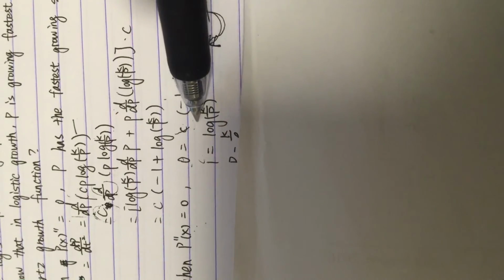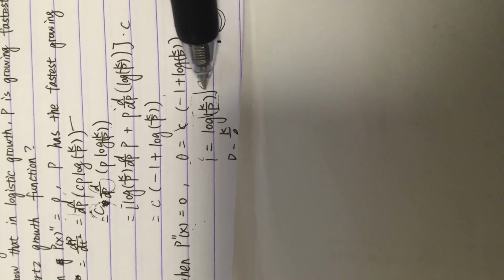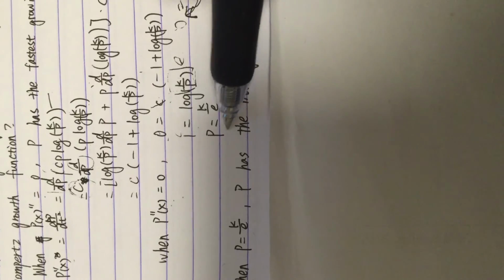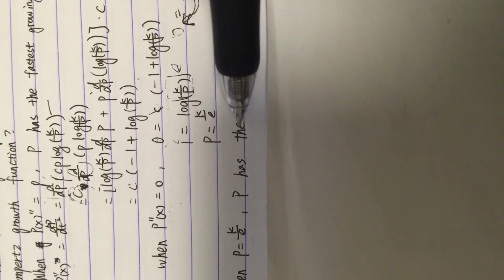When equals 1, that will be e. So your p equals k divided by e. When p equals k divided by e, it has its maximum growing speed.